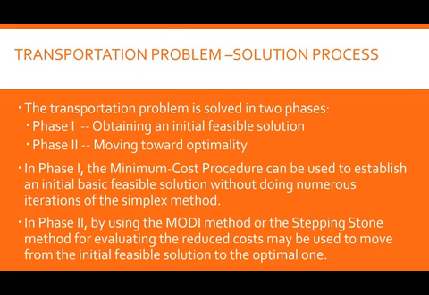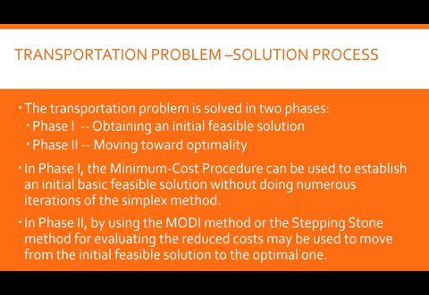Then how do we go about solving a transportation problem? See, the solution process of a transportation problem is done in two phases. In the first phase, we obtain the initial basic feasible solution.